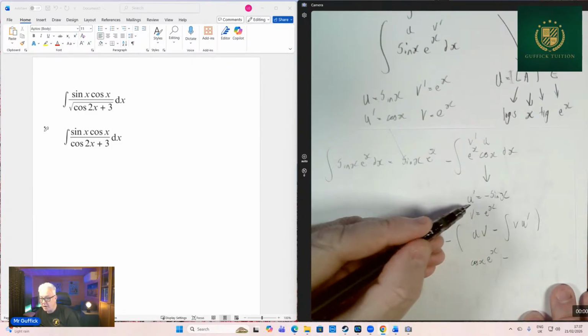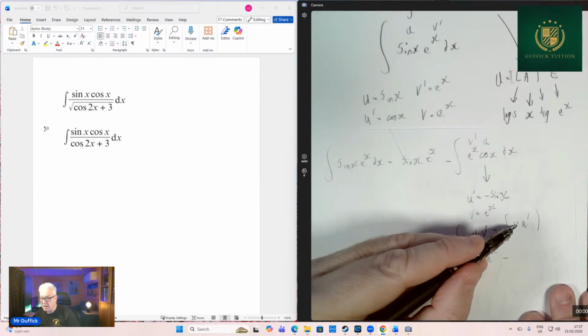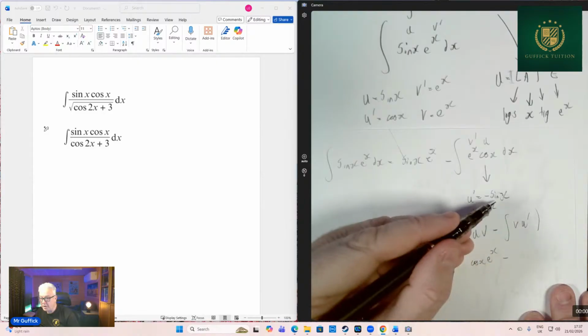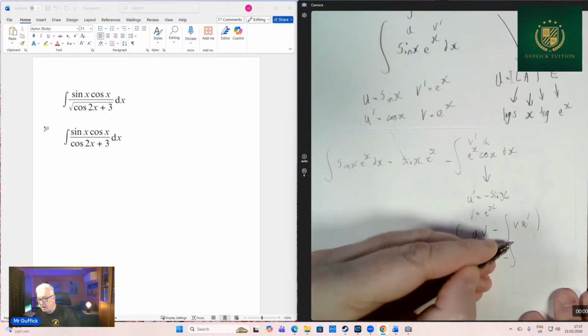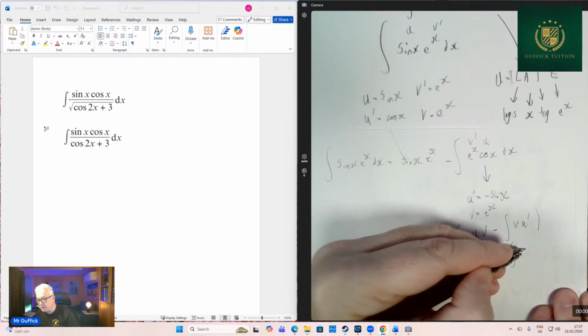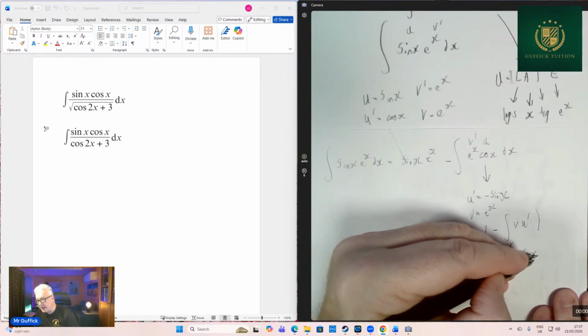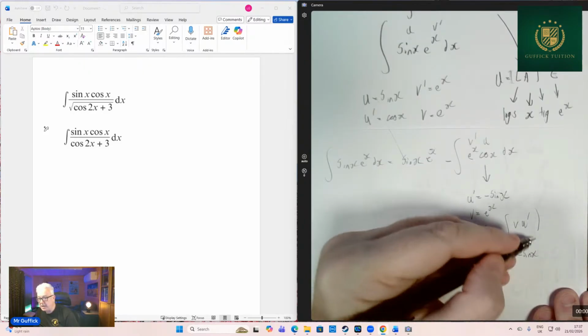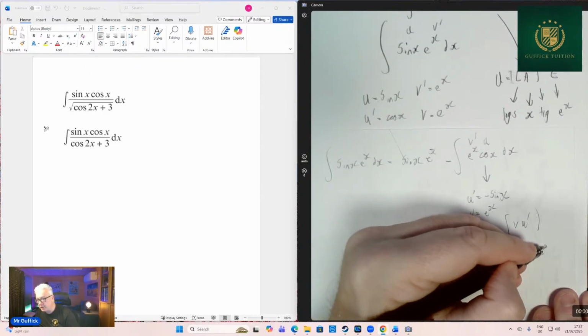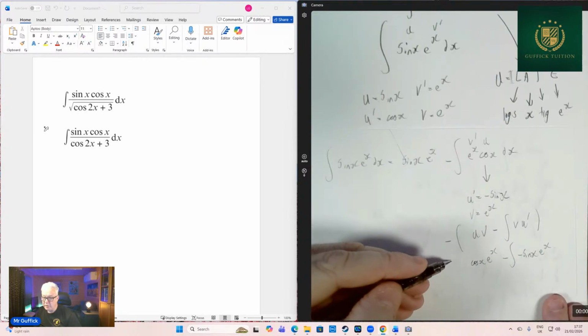And then we have minus v u dashed. Our u dashed is minus sine x, and our v is e to the x. So this is our subbing in for our second application of parts here.